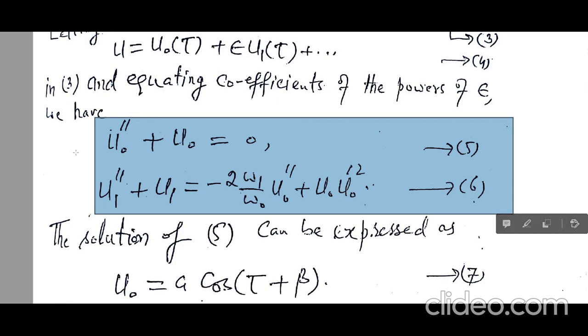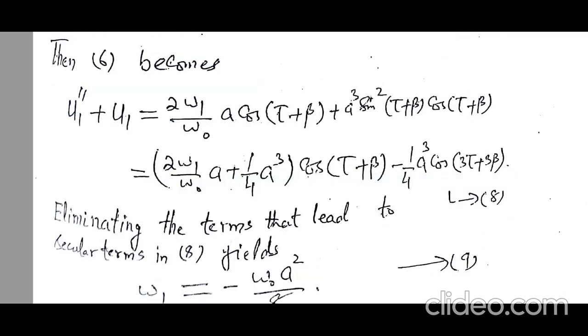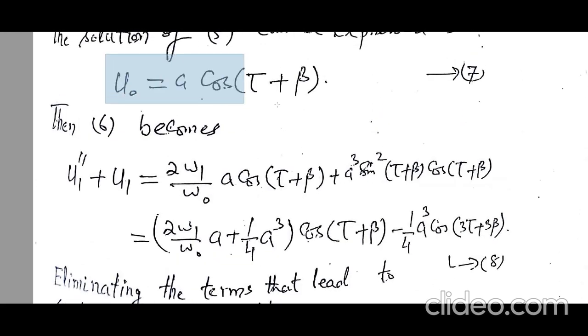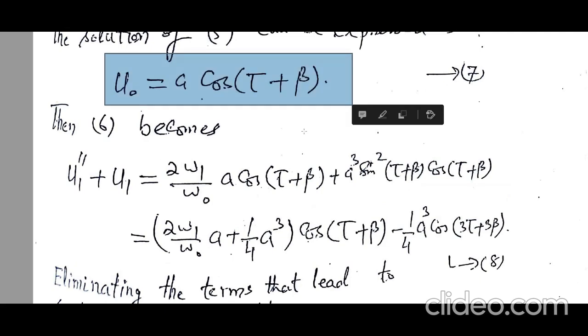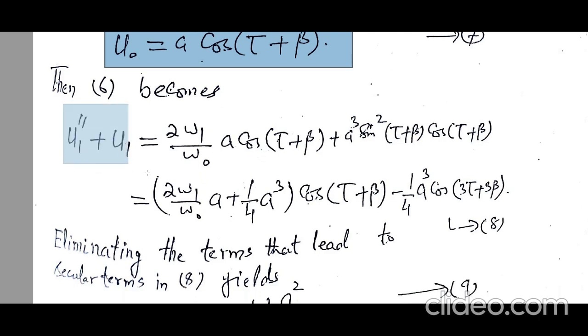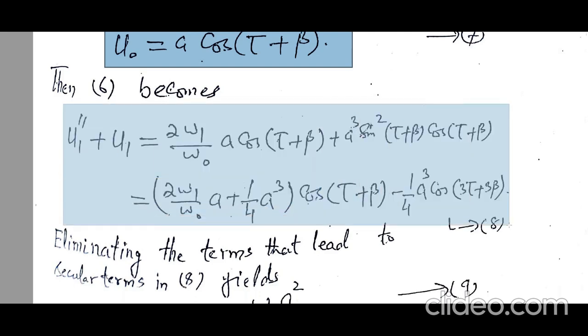We know that the general solution of equation 5 is given by u naught equals a cos tau plus beta. Now putting u naught into u1, the equation for u1 will take this form.